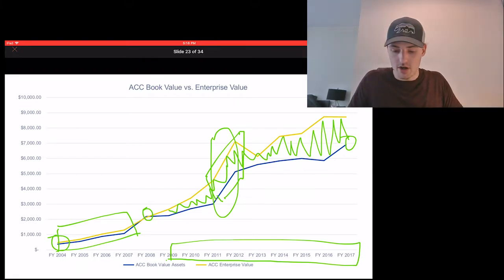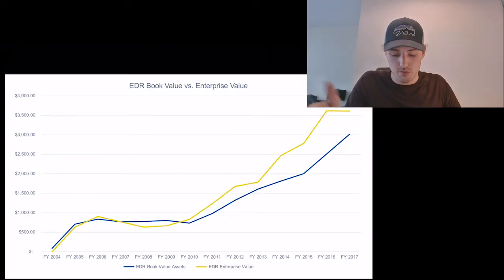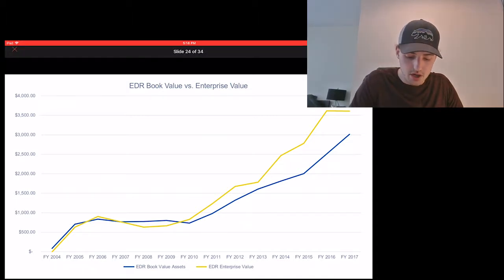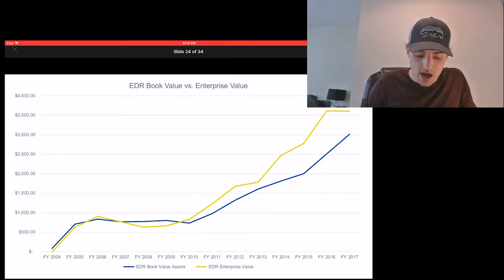So moving on then, here we have EDR, which is the other educational REIT that we're looking at. And interestingly enough, for EDR, the book value versus the enterprise value actually teetered back and forth in the pre-recessionary period.